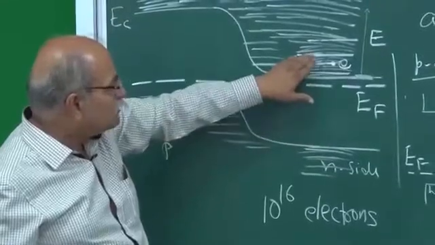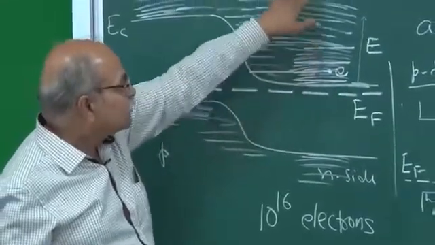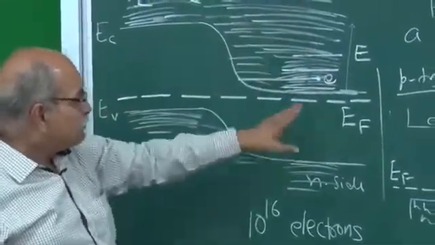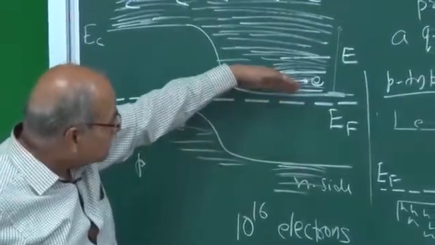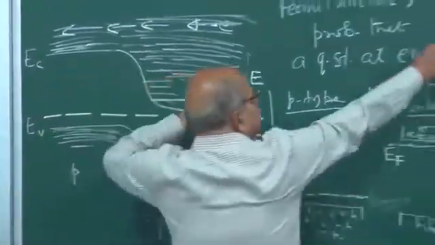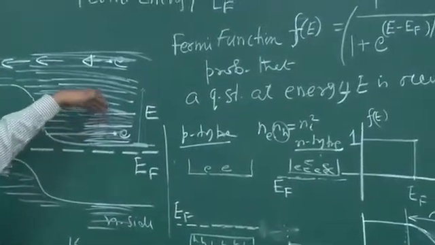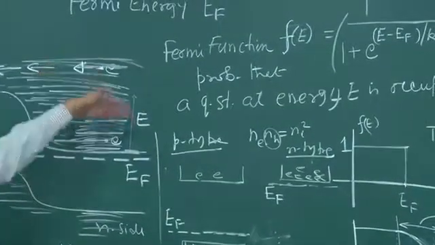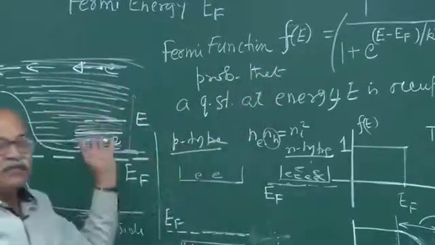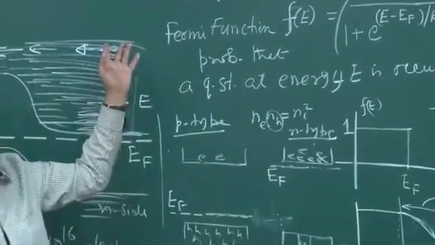How many of them will occupy this one, and this one? The probability of occupation is given by this expression. You put different energies E and you get the probability.